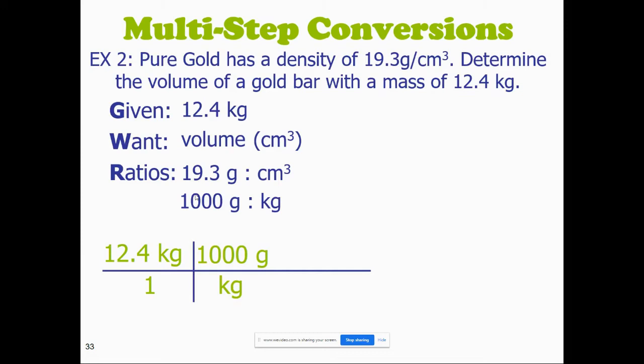Do we have anything that has grams and volume in it? Yes, we do. We have the first ratio. So we're going to put 19.3 grams on the bottom and 1 centimeter cubed on the top. We're left with units of centimeter cubed. We enter this into our calculator, and we get this number. But we need to look at our significant figures. We have 3.